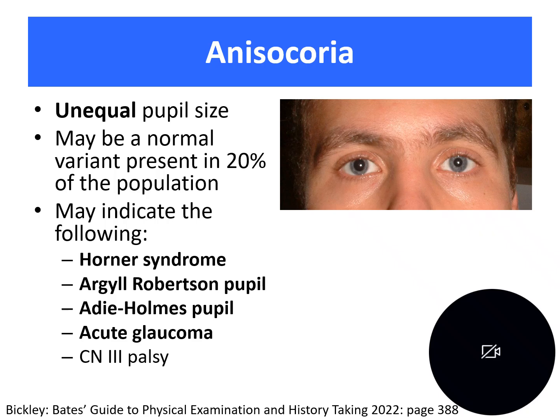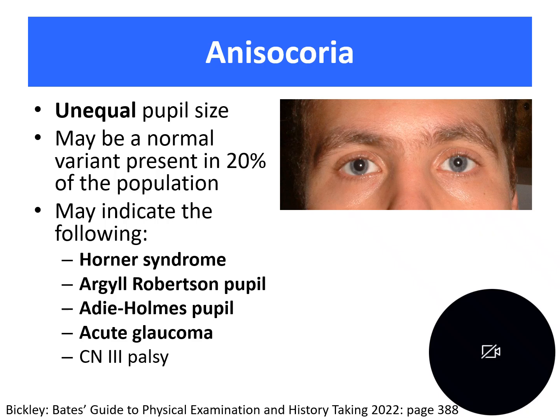So both Adie's pupil and Argyll-Robertson pupil, which will give you unequal size of pupil sometimes, will give you anisocoria. This may be a normal variant because it's present in 20% of the population in which there is no pathology.